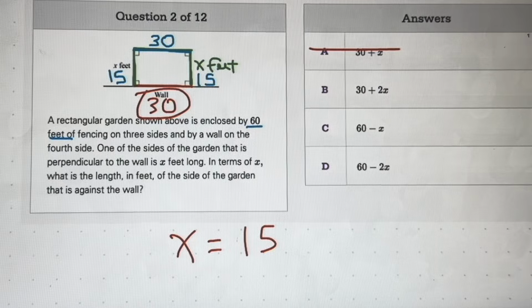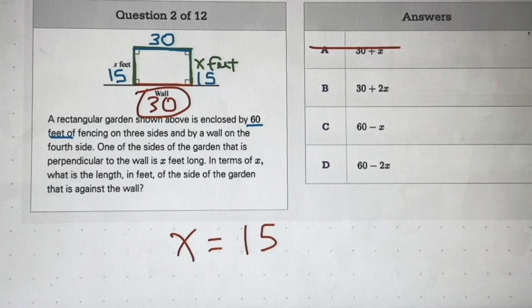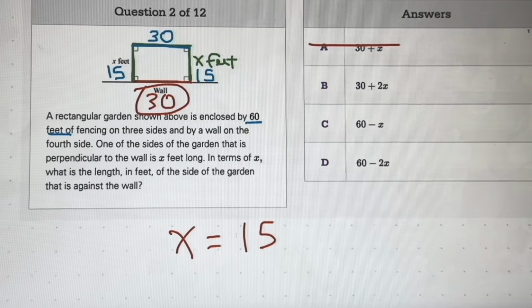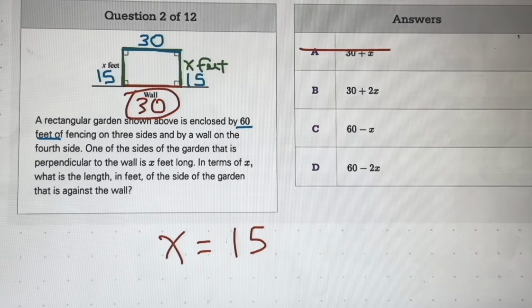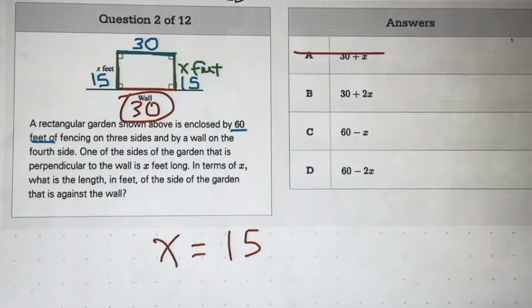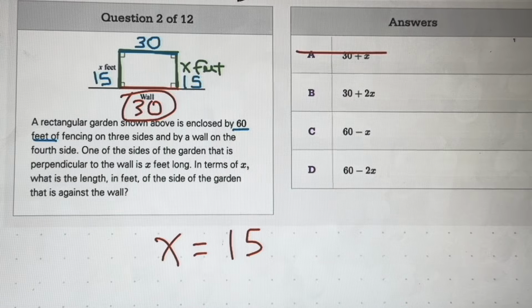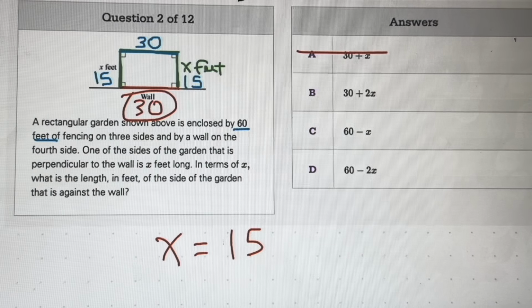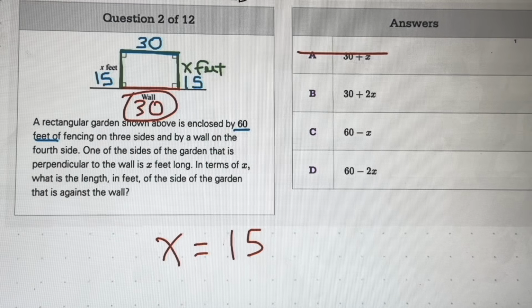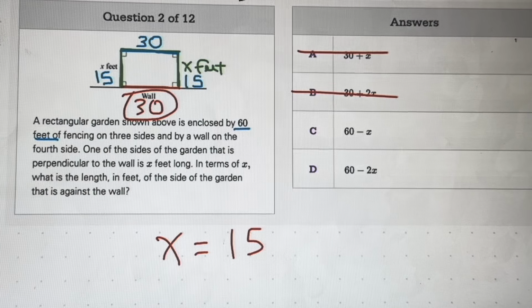Is that going to give us 30? And 30 plus 30 is 60. Altogether it's 60. And we don't want 60 again. We want 30. So it can't be answer choice B. He's gone.